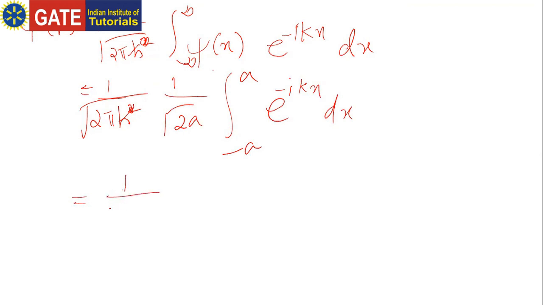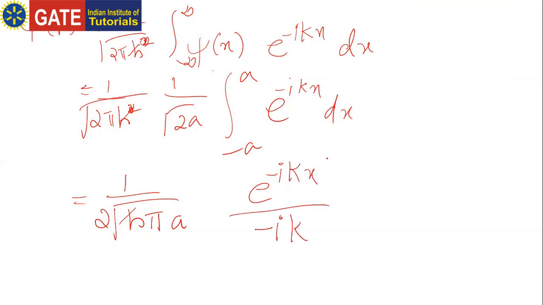One by 2 into root h cross pi a, e power minus ikx divided by minus ik from minus a to plus a.